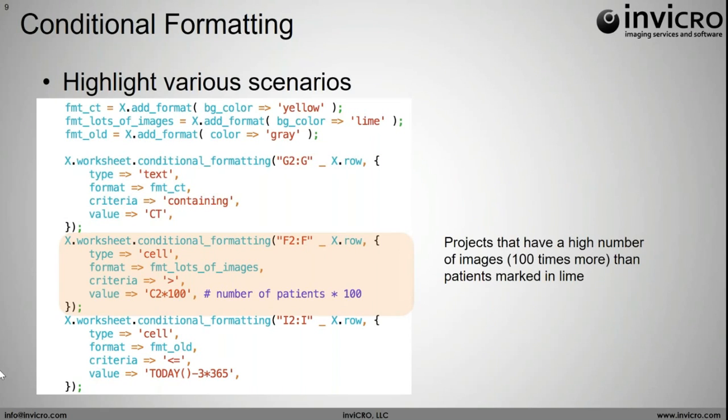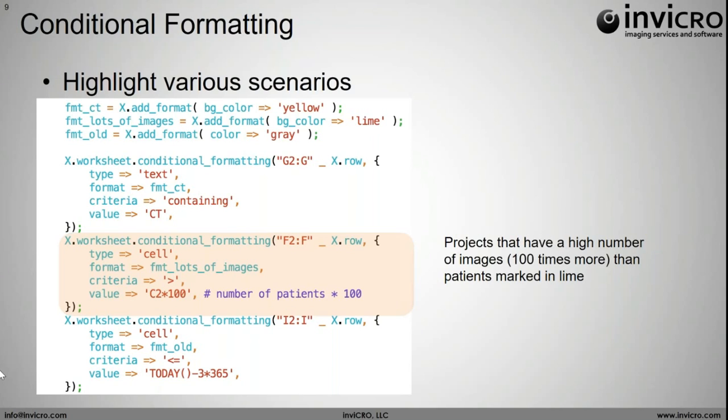Another example is to compare two cells. So in the F column, I have the number of images, and I'm comparing this with the C column, the number of patients, and I'm looking for all the projects where the number of images are more than 100 times the number of patients. So these are projects I have a lot of slices in. Just to give you an example of also how you can compare values in columns.